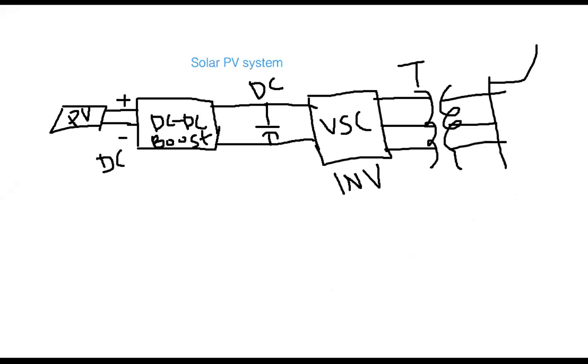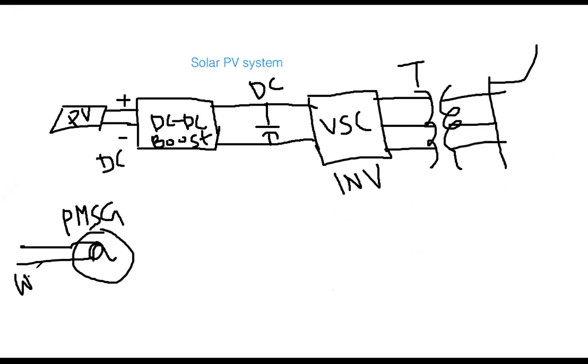In the case of the PMSG based wind generator system, this is basically a synchronous machine, called the PMSG. Of course, as you can guess, this is connected to the wind turbine system.